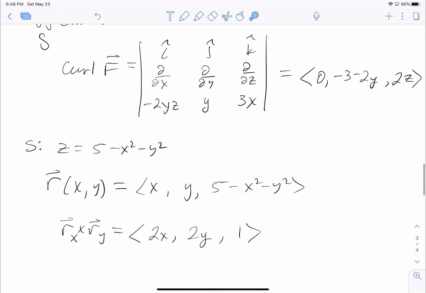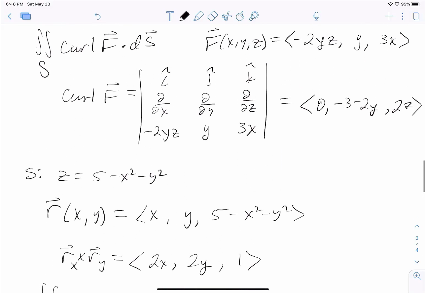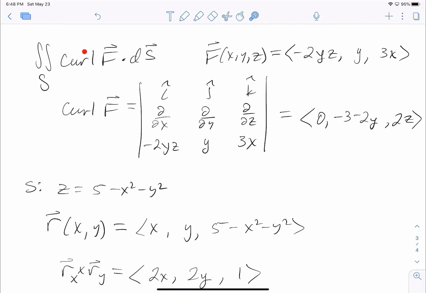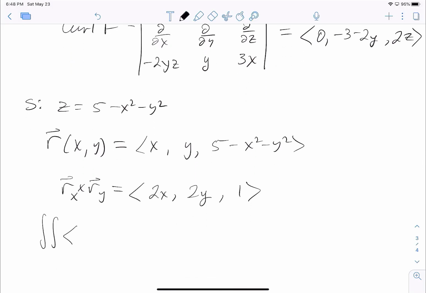Our surface integral then becomes the double integral. We'll get to the limits in just a minute, but we're looking at the curl of F dot dS. The curl of F is, as we said, 0, negative 3 minus 2y, 2z, dot, and dS is going to be 2x, 2y, 1 dA.